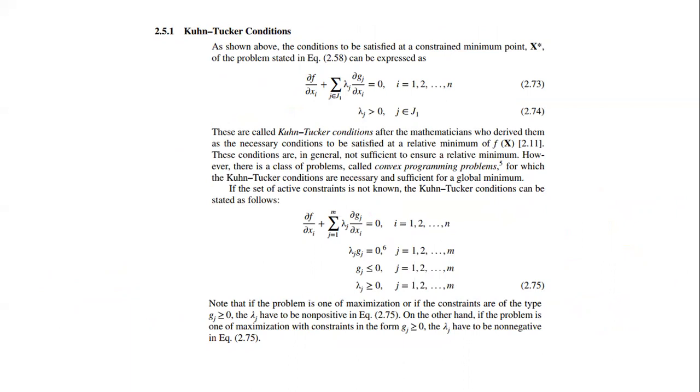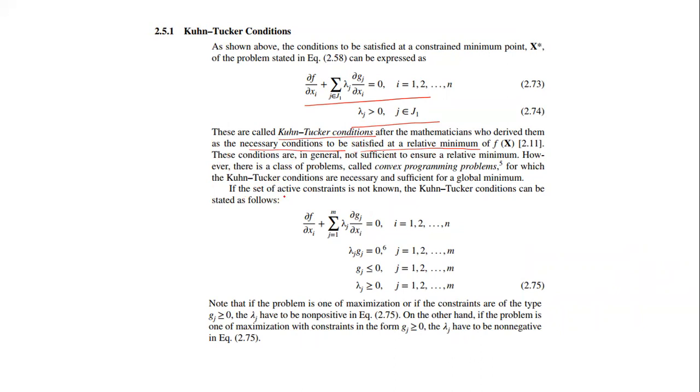Okay, now based on the equation that we have figured out, based on the active constraints, that particular equation is basically known as the Kuhn-Tucker condition. Okay, so this is our Kuhn-Tucker condition. It has been named after the mathematicians who derived the necessary condition.